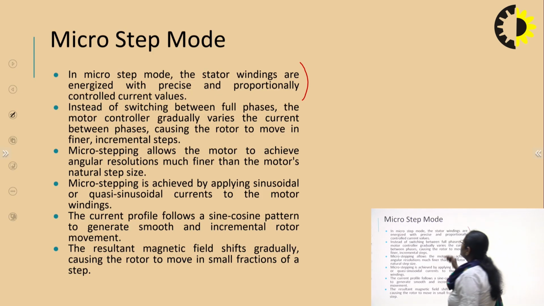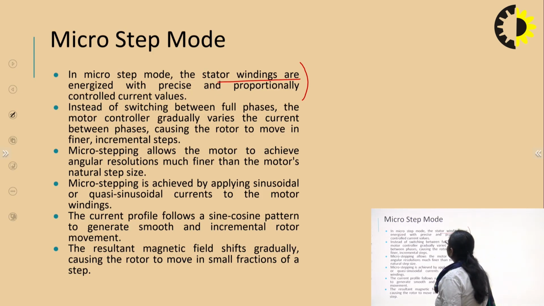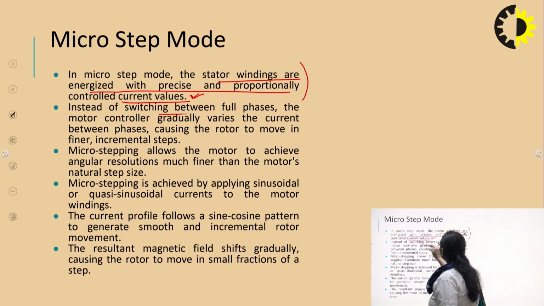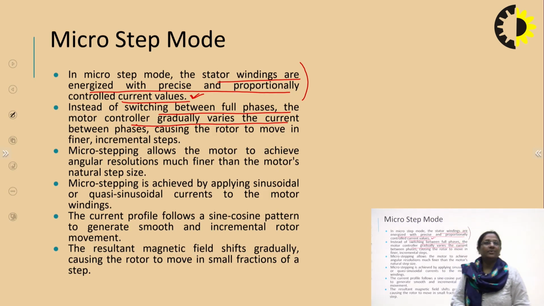So in microstep mode, the stator windings are energized with precise and proportionally controlled current values, right? Instead of switching between full phases, the motor controller gradually varies the current between the phases, causing the rotor to move in very fine incremental steps.